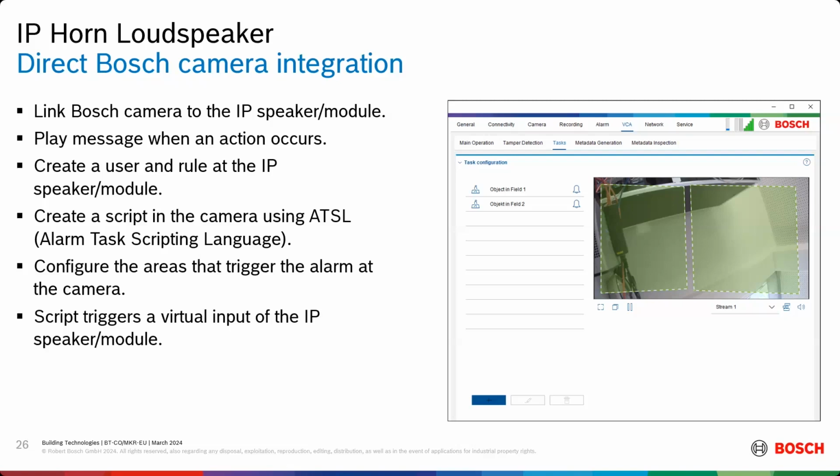Then you need to create a script in the camera using the alarm task scripting language and configure the areas that trigger the alarm at the camera. This script will then trigger a virtual control input of the IP speaker or module.